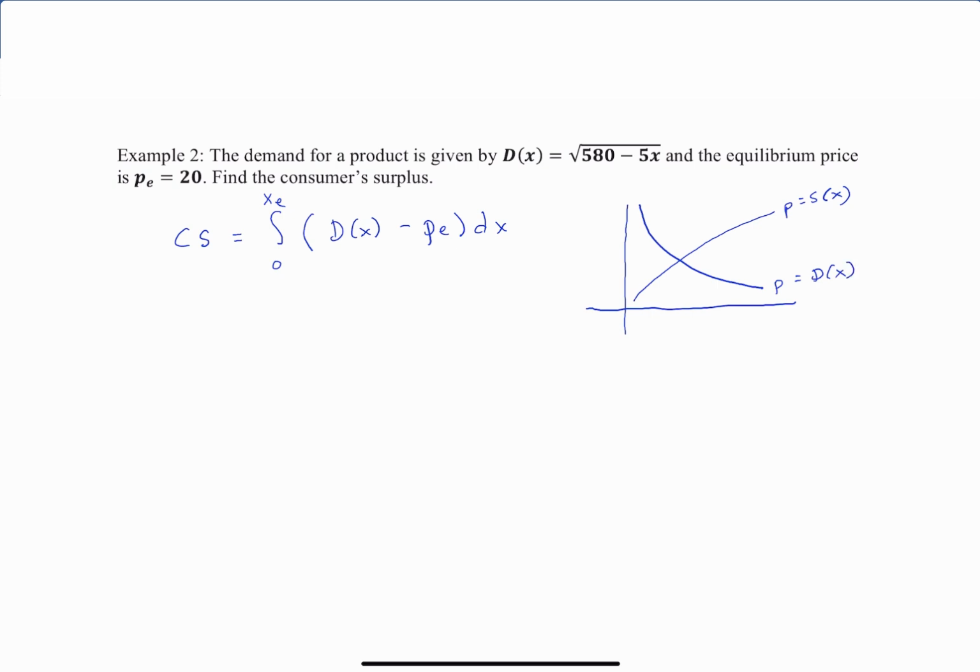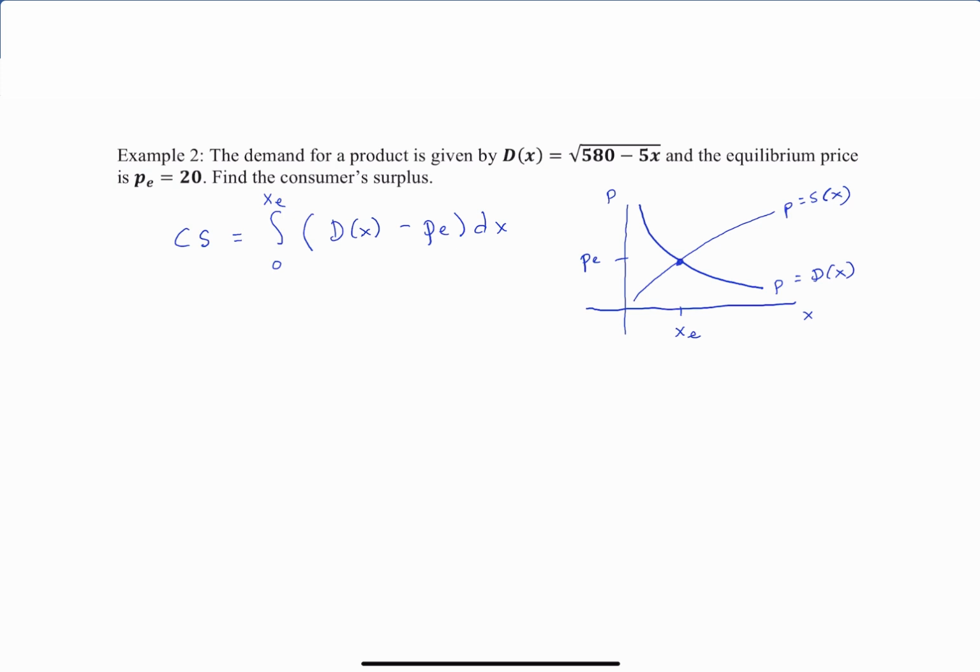It's the point where the demand and supply curves intersect. That means that it's a point on the demand curve, and similarly, it's a point on the supply curve.